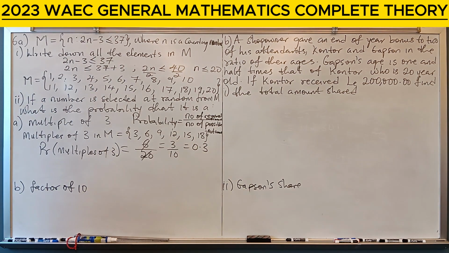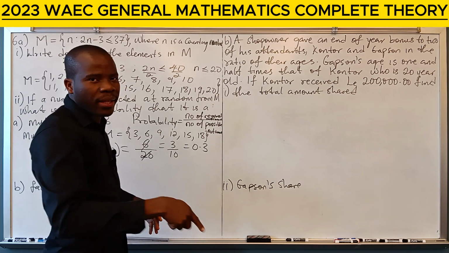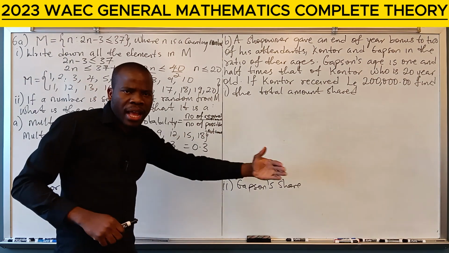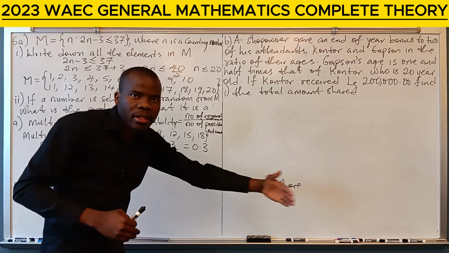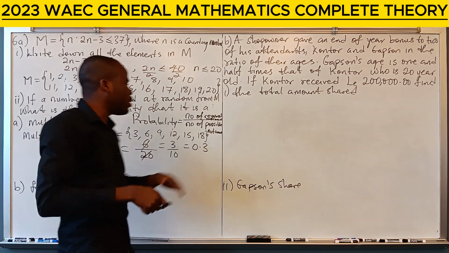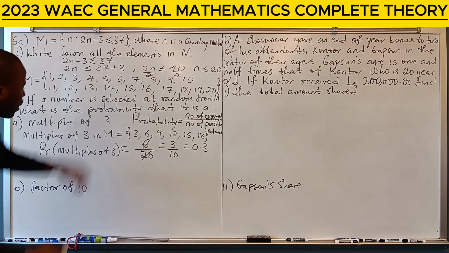The second one says factors of 10. Factors of 10 are numbers that can divide 10 without remainder, while multiples of 3 are numbers 3 can divide.